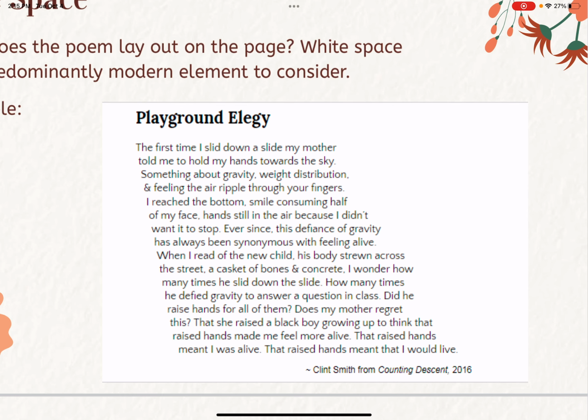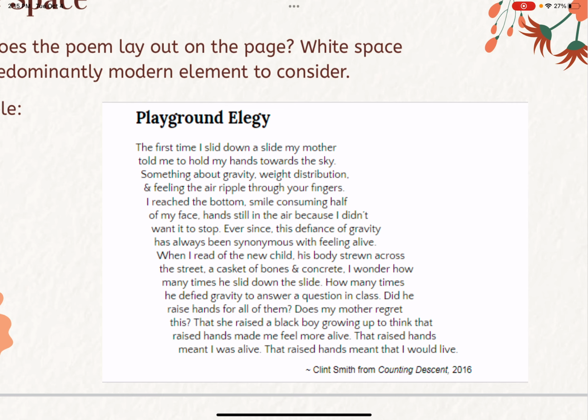And then we have at the very bottom the concept of raising hands for the police, and hopefully, as a young black man, not being shot, right? So we see shifts in here and how the concept of raising hands changes. It goes from going down the slide to raising your hand in class of empowerment to raising your hand so you're not shot, right?